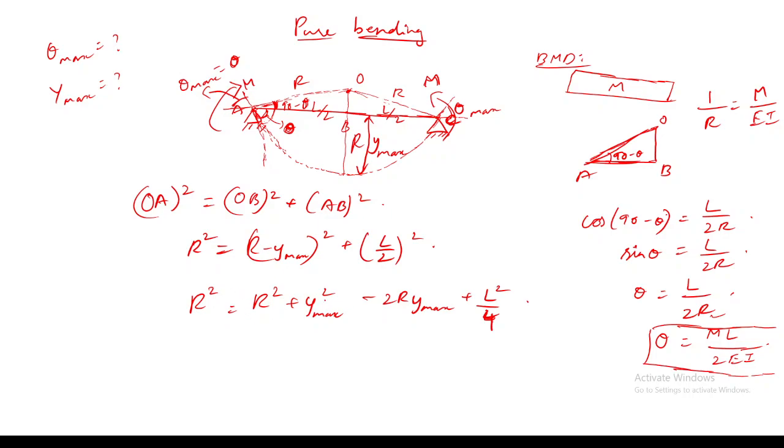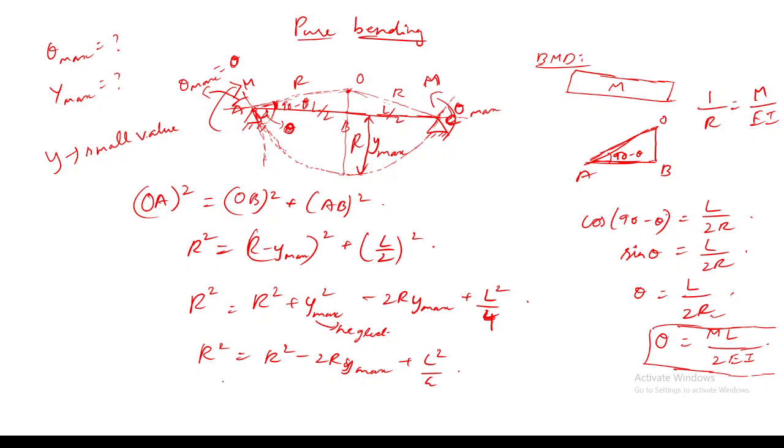Actually, y will be a very small value, like 0.01 mm or 0.1 mm, something like that. Y is a very small value, so we can neglect y square. Neglecting this component, the final term will be R square is equal to R square minus 2R Y max plus L square by 4.